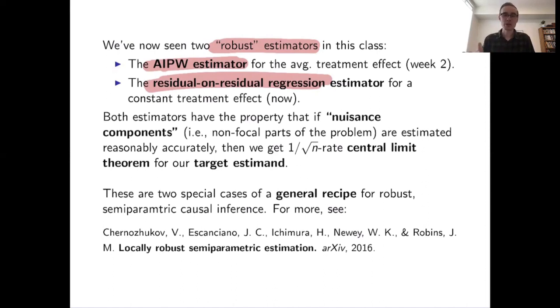And we also have non-parametric nuisance components, the baseline effect and the propensity score. The shared property of these estimators is that they start with machine learning based estimates of the nuisance components, and as long as they're reasonably accurate, you get a 1/√n rate central limit theorem for the thing we actually care about, our target.